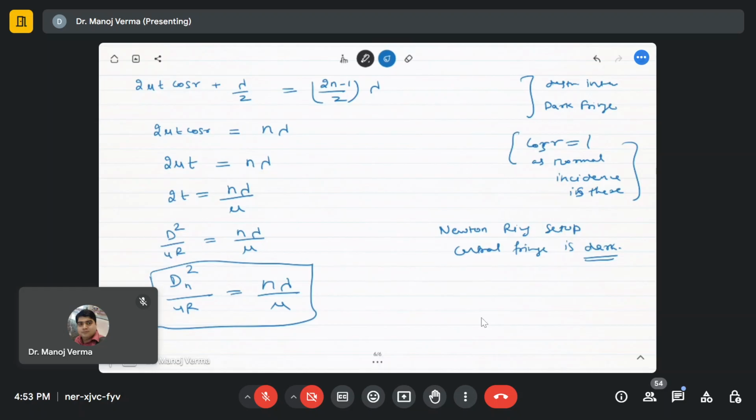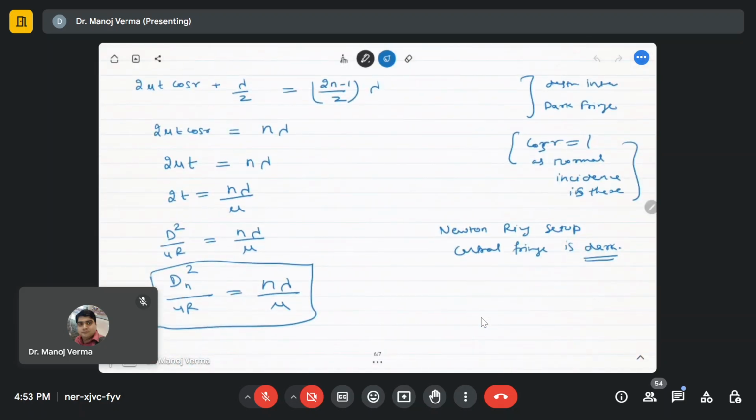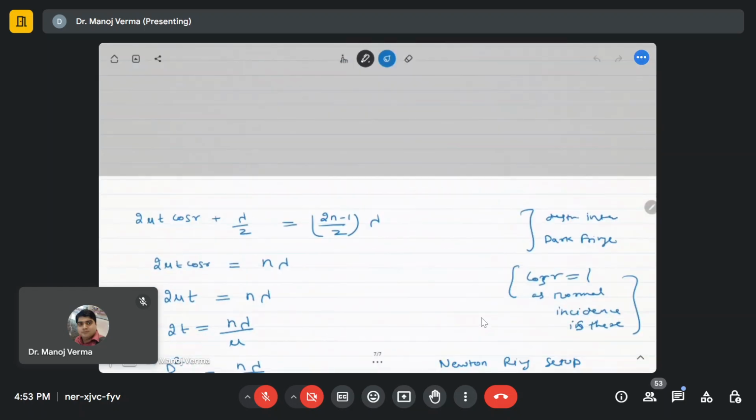Right? Now, another interesting thing: I have just arrived at a relation. Dn square by 4r is equal to n lambda by mu.